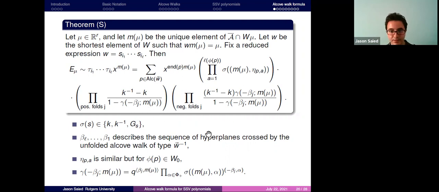And as Arun was asking, this gamma can be written down in this form. What's notable about the form of this gamma is that it's some positive power of q times a product of sigmas that we can write down in detail when we need it. So just this level of detail is going to be enough for us to see some nice consequences of the Alcove walk formula. But before I continue, are there any questions about this?